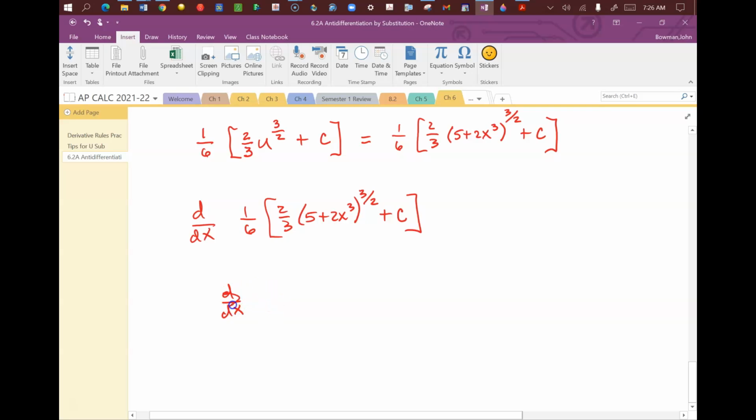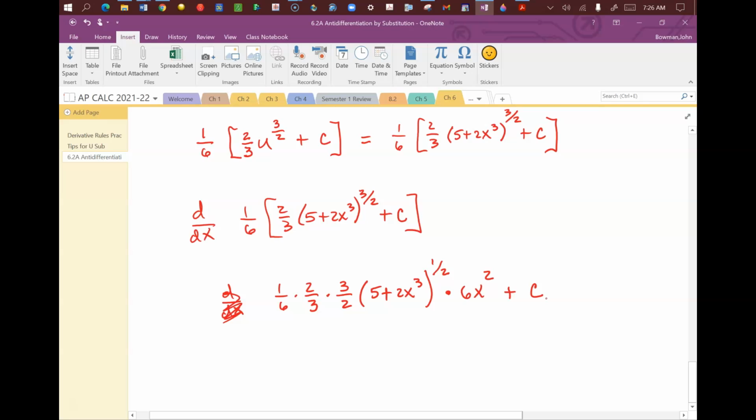So we've got 1/6 times 2/3 times 3/2 times 5 plus 2x cubed to the 1/2 power times, don't forget the chain rule here, 6x squared plus c.